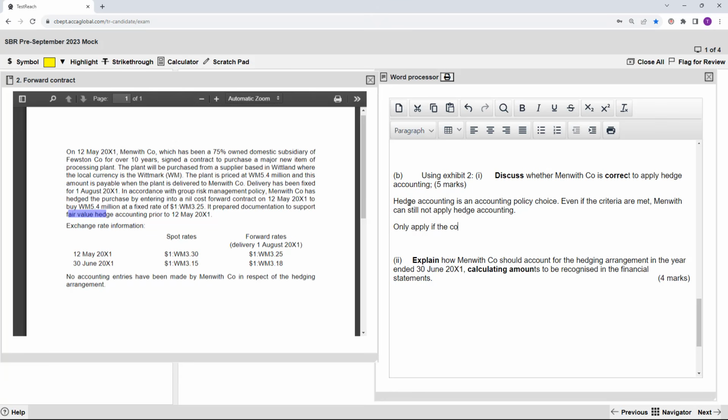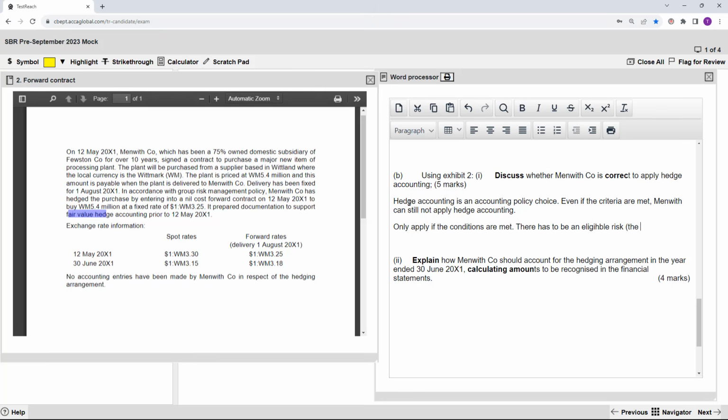Now, I don't want to get too technical here. I just want to keep it simple and keep it applied. In order to hedge, you have to have a risk. There has to be an eligible risk.